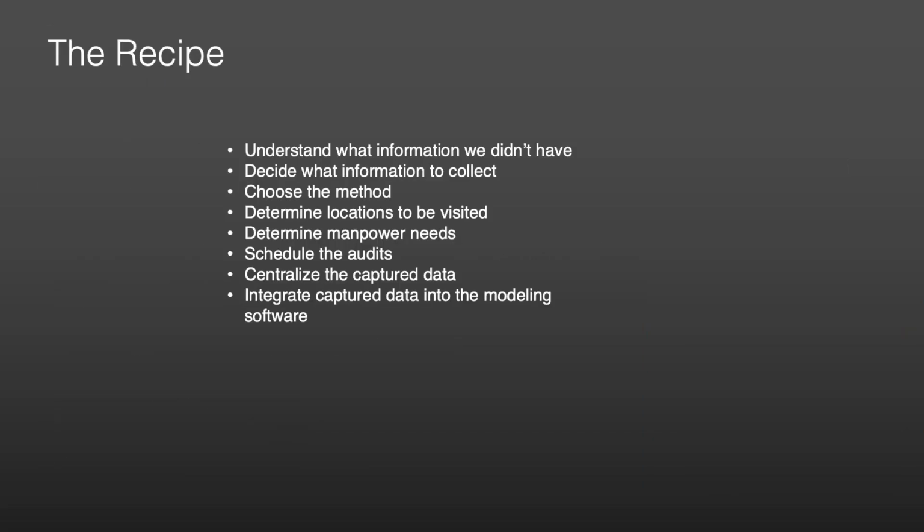So how did we go about creating the GIS portion to begin with? Well, we had to really understand what information we didn't have. There's a lot of value in what you don't know, and in order to do that, you have to know what you don't know.